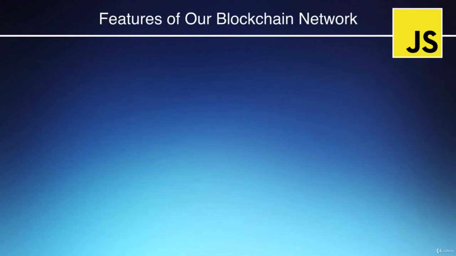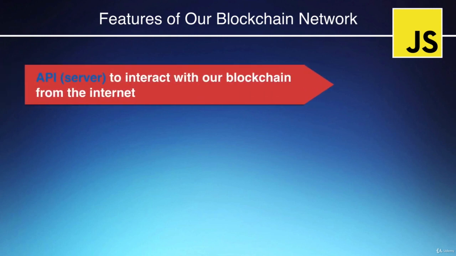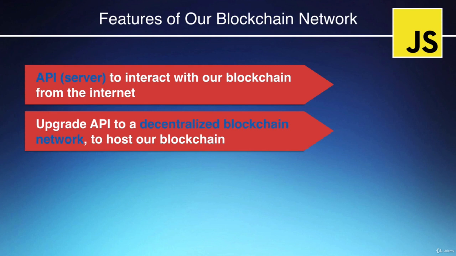In this course, we will also build out a decentralized blockchain network that will host our entire blockchain. The first step in creating our blockchain network is that we will build out an API or a server to interact with our blockchain from the internet. From there, we will upgrade our API so that it consists of multiple different nodes, allowing us to create a decentralized network for our blockchain to be hosted on.